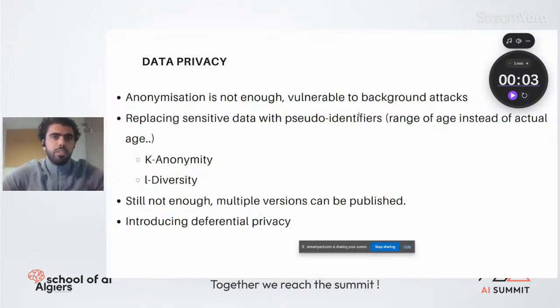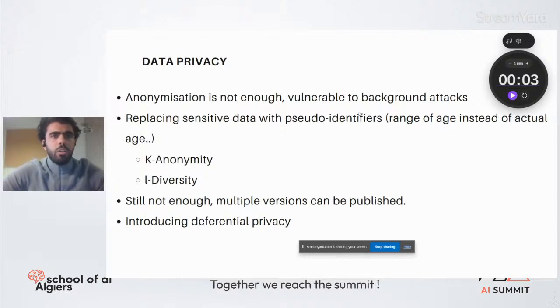So even if he doesn't know the private identifiers of the users, he can still connect the publicly available data to trace it back to the private identifiers of an individual user. So anonymizing an individual user's data and publishing it is not enough.